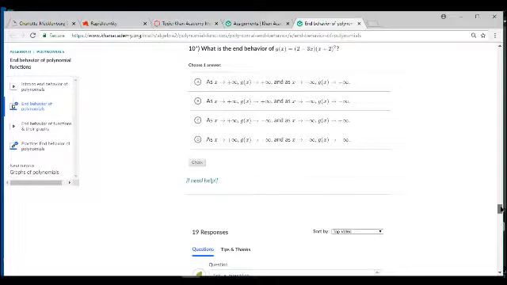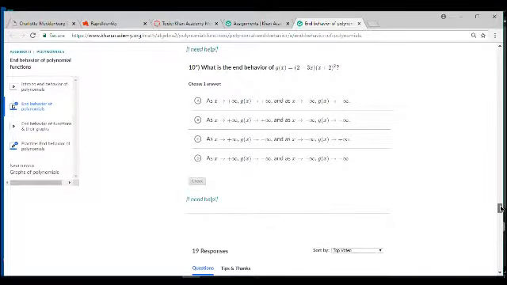And then for the end behavior of 2 minus 3x plus x plus 2 squared, what we'd have to do here is square things. So that'd be x squared plus 2x plus 4 times negative 3x.